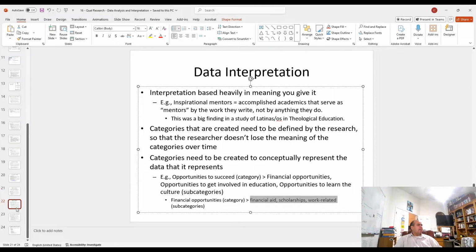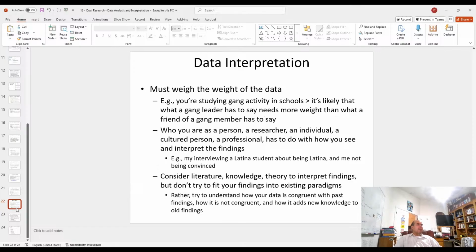Okay. All right. Ultimately, you must weigh the weight of the data. What does that mean? Back to the example on studying gangs, and I actually have done some research on gangs, so I'm not just using that example without having done some research on it. Say you're studying how gangs operate in schools, right? And you start talking to kids.